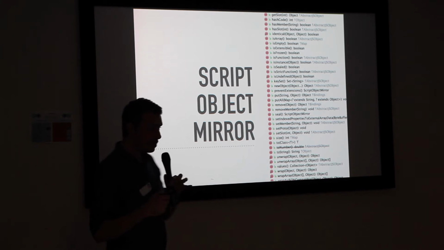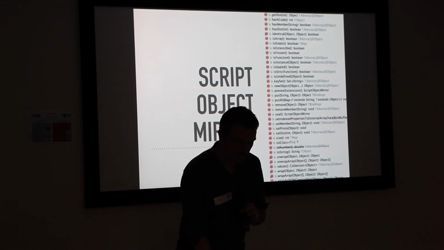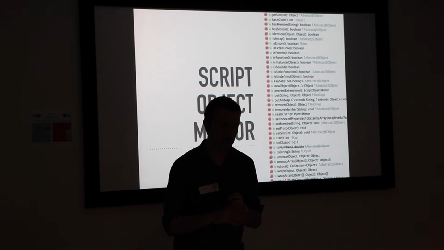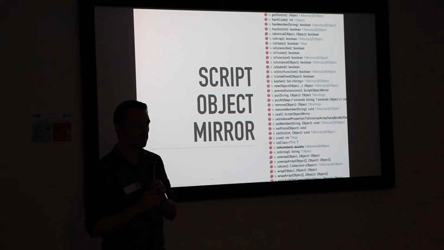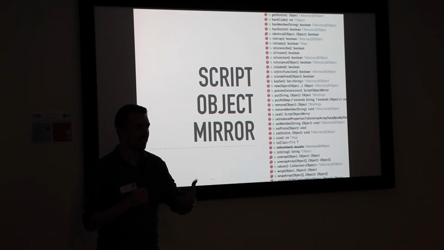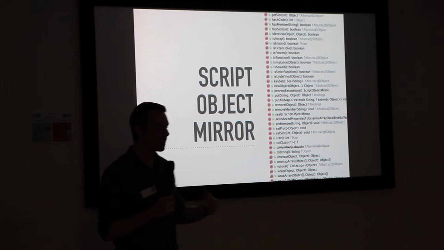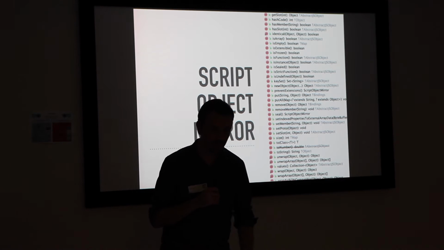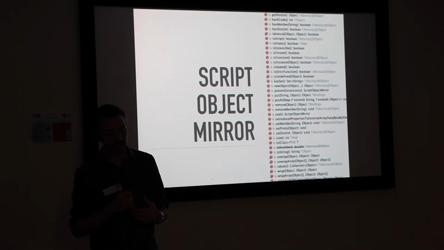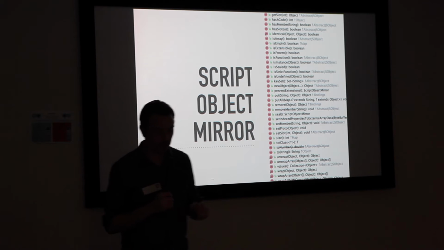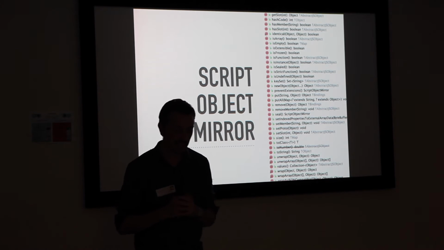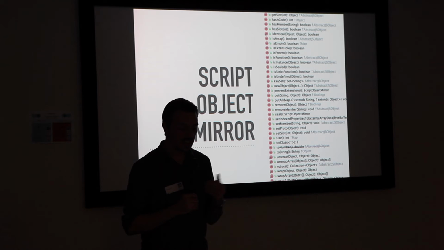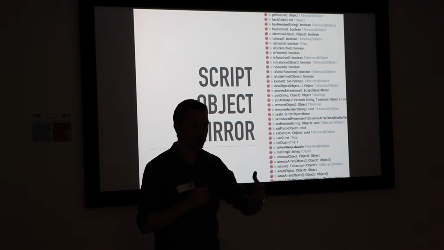Behind everything in the script engine manager, however, there's an object called a binding, and a binding is basically just a map. You can put elements in a map, you can get them, you can remove them, which is kind of handy. I'll go into why that can be handy a little bit later, but basically these are just things that you call into.